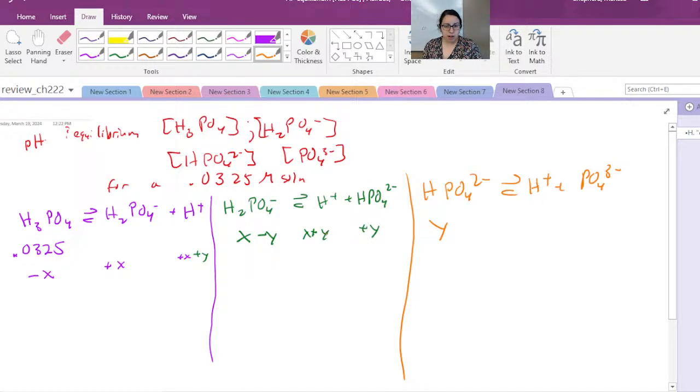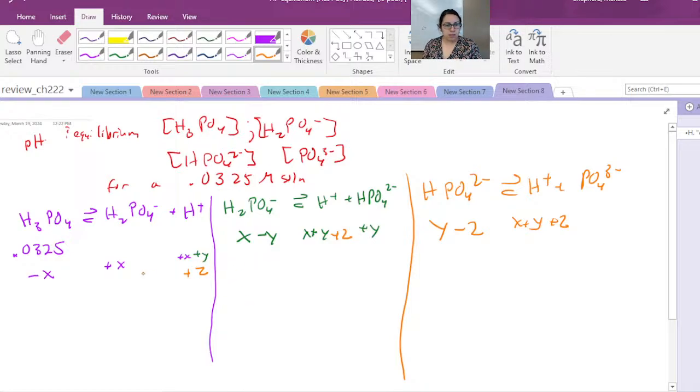For H plus, now we have to add in everybody, so this is going to be plus z, but we also have x and y. Then we need to go back and add it over to these factors, so H plus also has z over here.